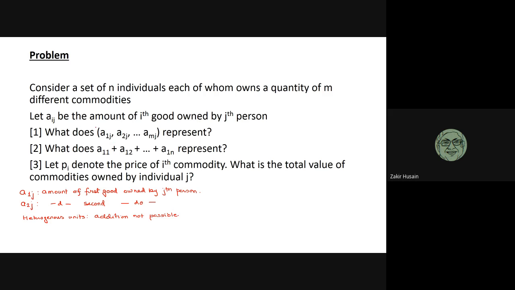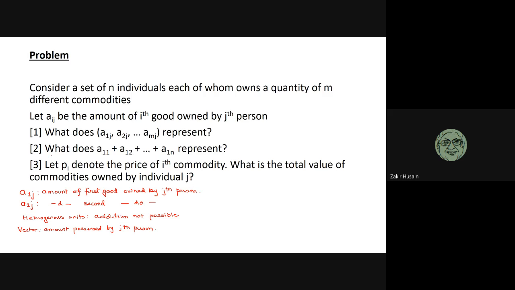So the vector indicates the amount of different commodities which a person possesses. If I'm talking about myself, it is the amount of the different commodities that I possess.